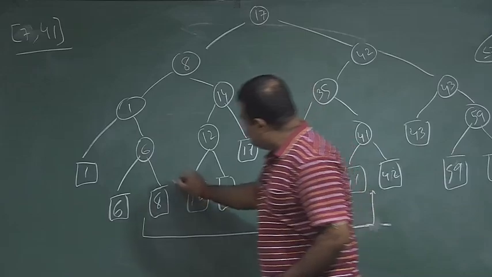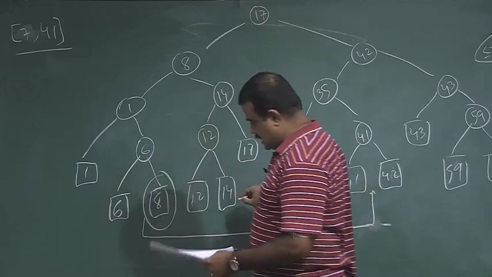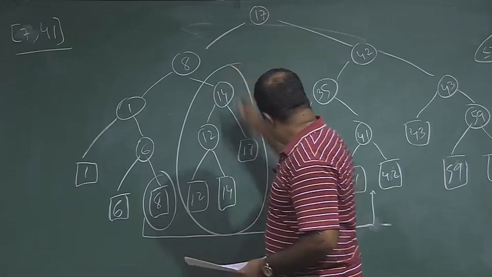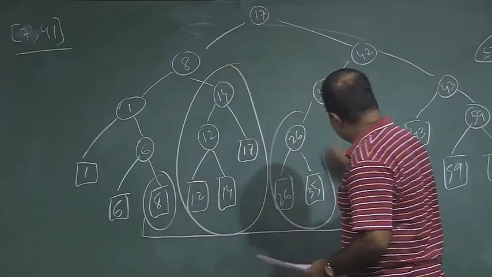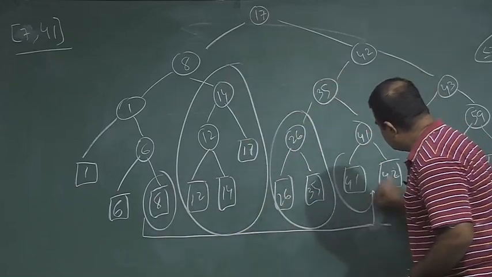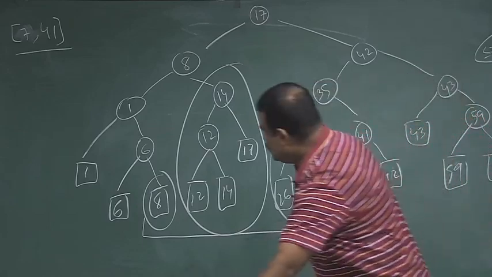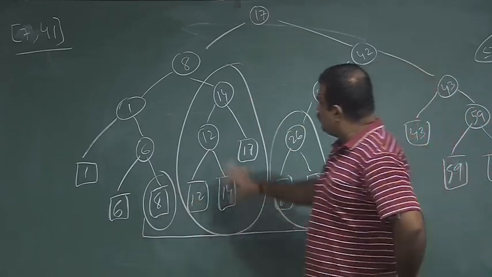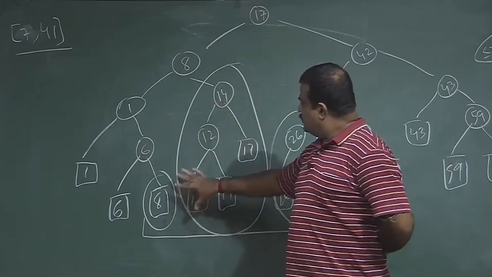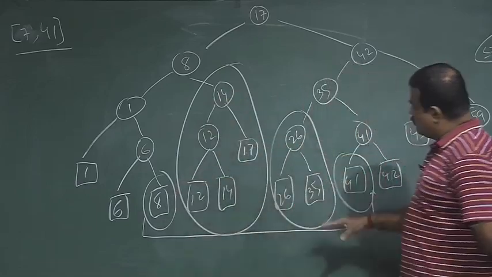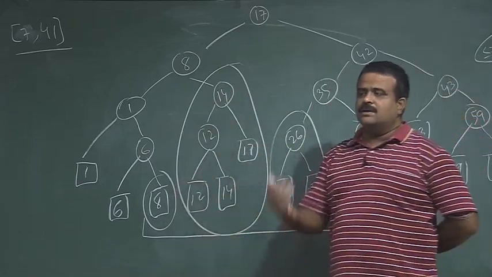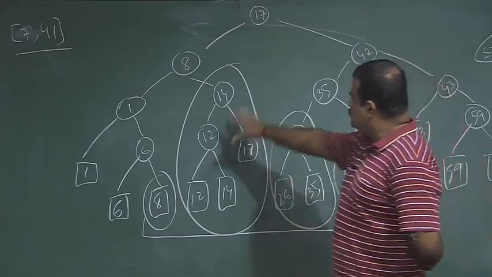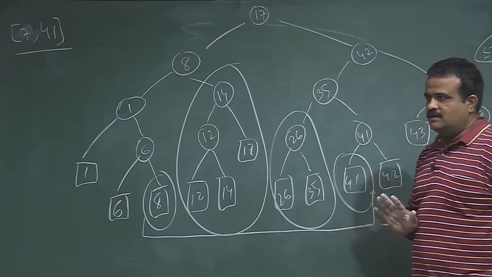So, if we can report all these nodes, instead of reporting each node individually, if we can report the subtrees whose leaves are basically our answer, our outputs, then we are done.